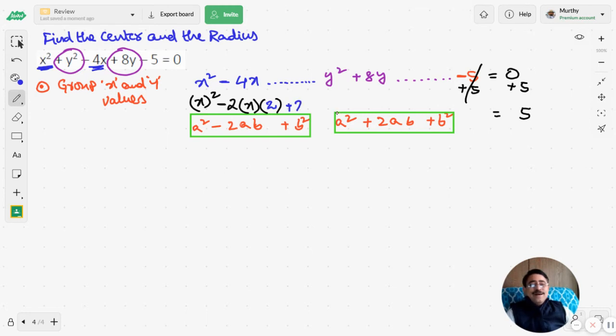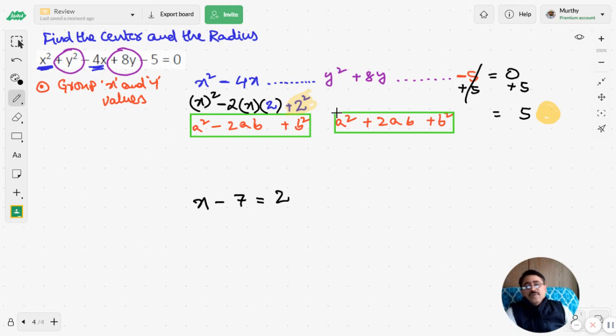Please notice that this 2 square is not given in the question. That is the reason I'm adding 2 square on the other side. Why am I adding 2 square on the other side? Suppose x minus 7 equals 2.